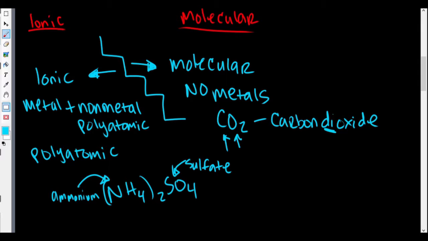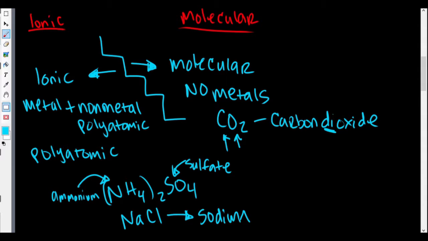Most people don't have that much of a problem with the simple ionic compounds like this, NaCl. That should be one everybody knows, but let's go over it. That's sodium.